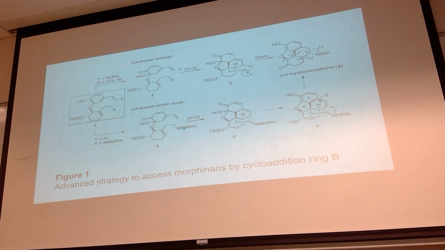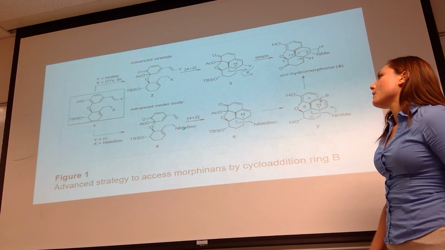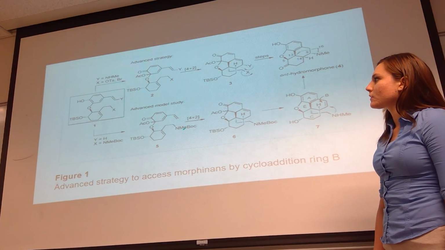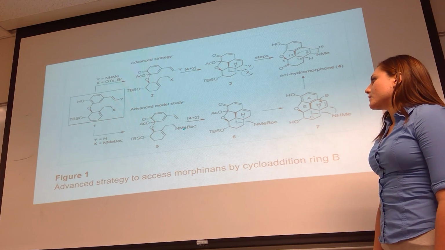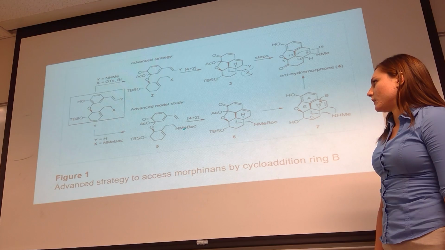So this isn't the first attempt to synthesize hydromorphone. However, the paper does begin with a general overview of key highlights of the synthesis. So you can see a coupling reaction in Unit 1 between the phenyl and another cyclic compound. They use a Mitsunobu reaction to do that. And then following that, they do an oxidative dearomatization to form the diene.